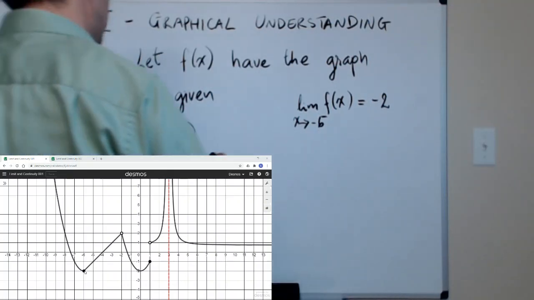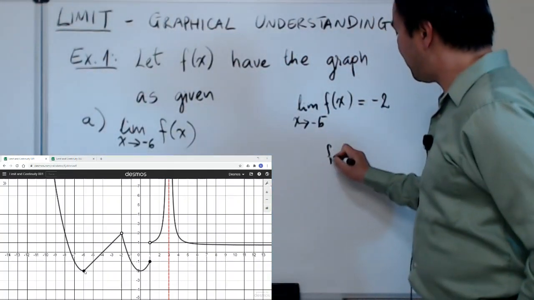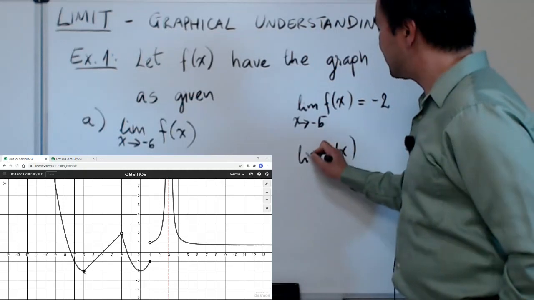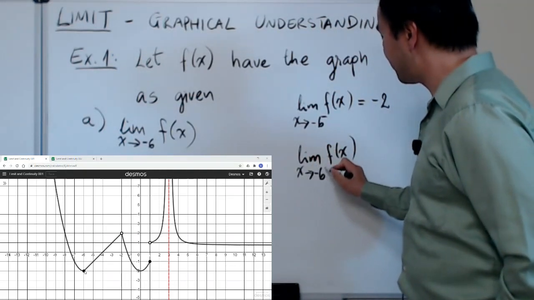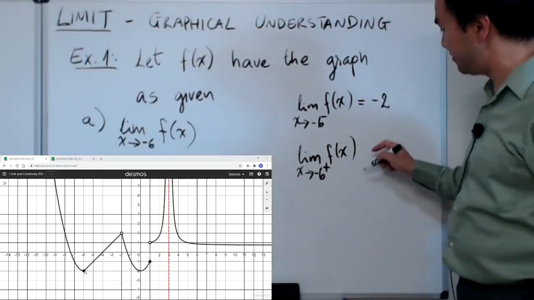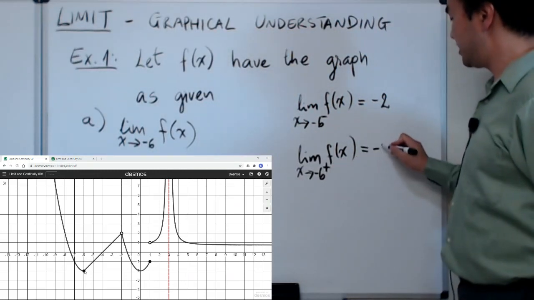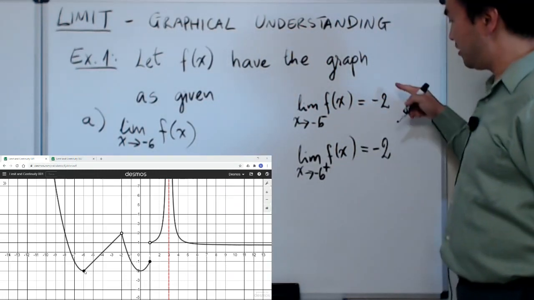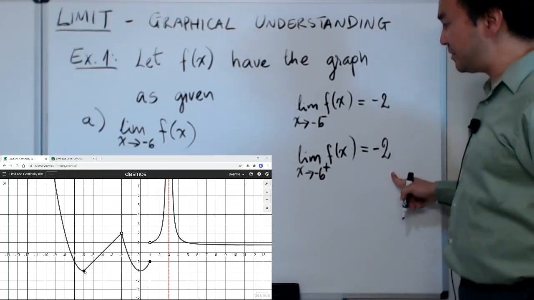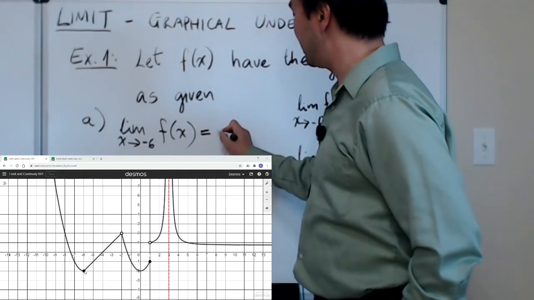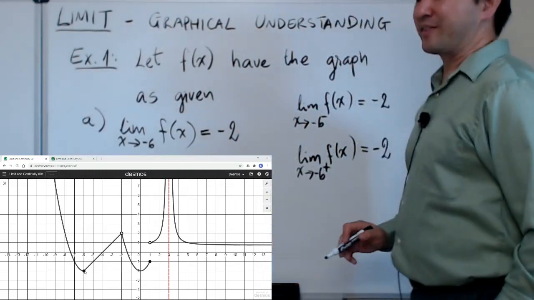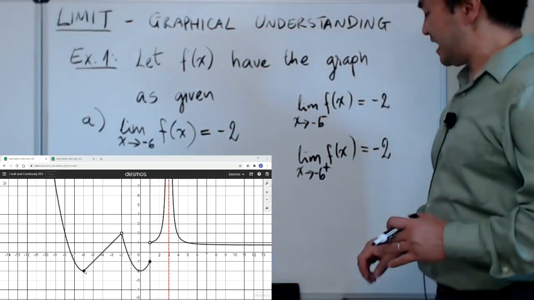And so I can also say that on this function, as we're looking at the limit when x is getting close to -6 from the right-hand side, that limit also appears to be -2. And so left-sided limits and right-sided limits agree, so that means our final answer here has to be -2. Okay, so that's how we answer part A.